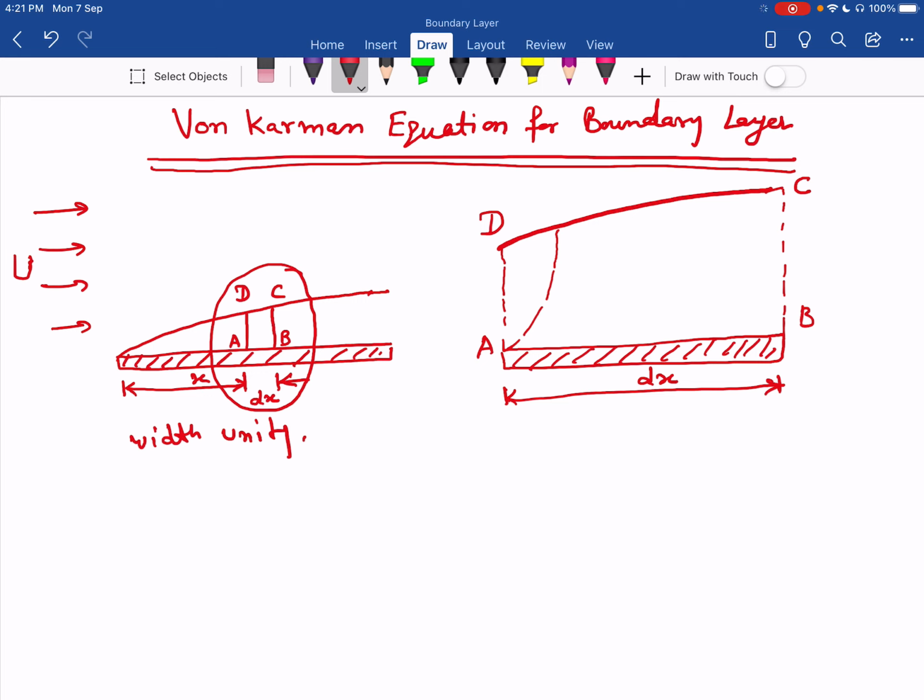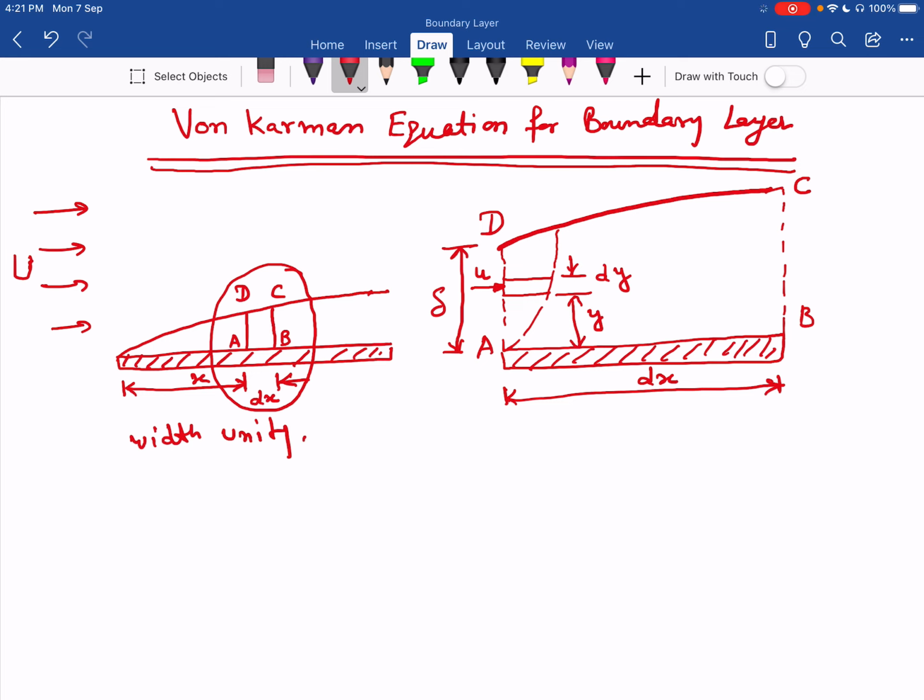So now I consider, now before that there is delta, that is the boundary layer thickness. So at distance y from the plate, I consider small elementary strip again. At distance y, the thickness of that strip is dy. Now the layer of fluid which is passing through this elementary strip having velocity small u.